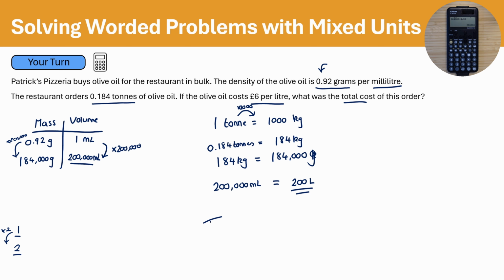We'll say the total cost is equal to the 200 litres that they ordered multiplied by £6 per litre, like this. We'll do 200 multiplied by 6 to give us £1,200. And that should be the answer that you got.